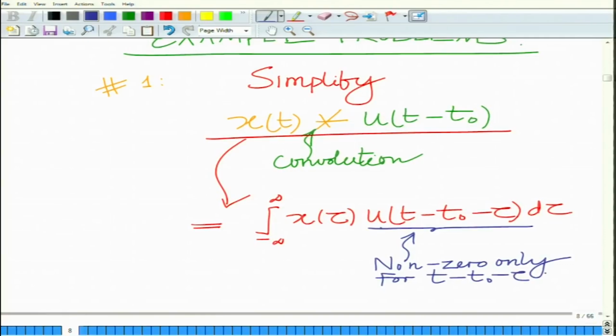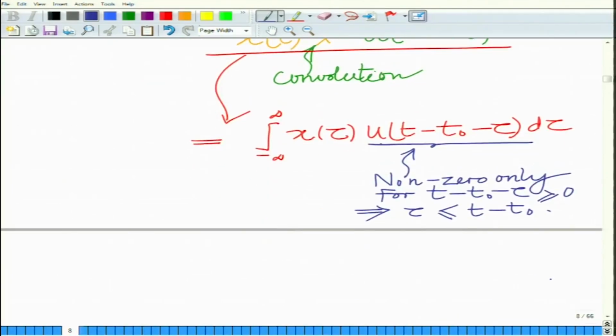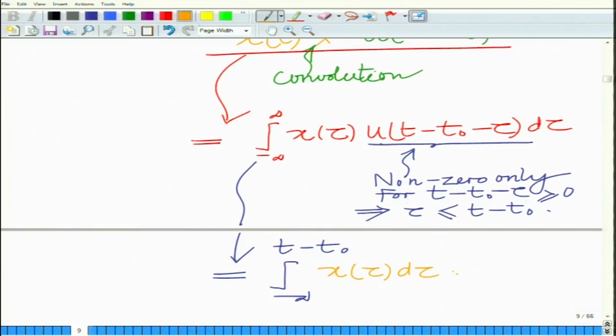Now remember u is non-zero only for t minus t naught minus tau greater than or equal to 0, which implies tau less than or equal to t minus t naught. And for tau less than or equal to t minus t naught, u of t minus t naught minus tau is equal to 1. Therefore, this can be simplified to the integral from minus infinity to infinity, where the upper limit can now be replaced by t minus t naught, of x of tau d tau.